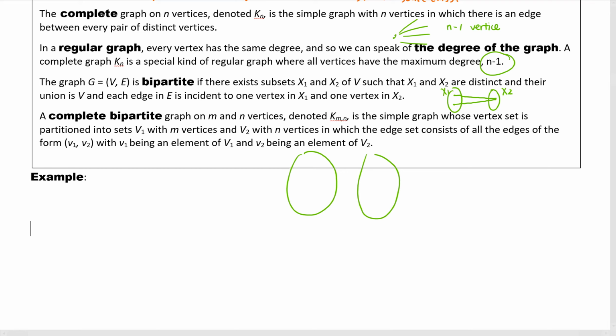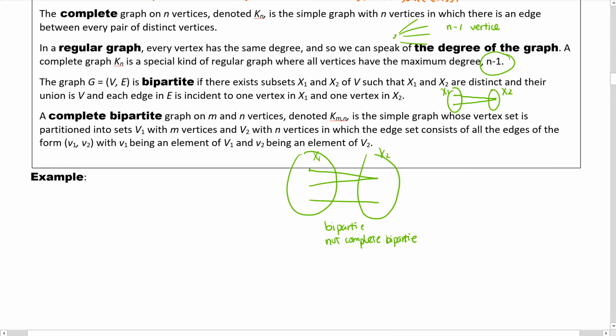So this is bipartite, but it's not complete bipartite. You can see each vertex in X1 has a vertex in X2 such that they're connected by an edge.